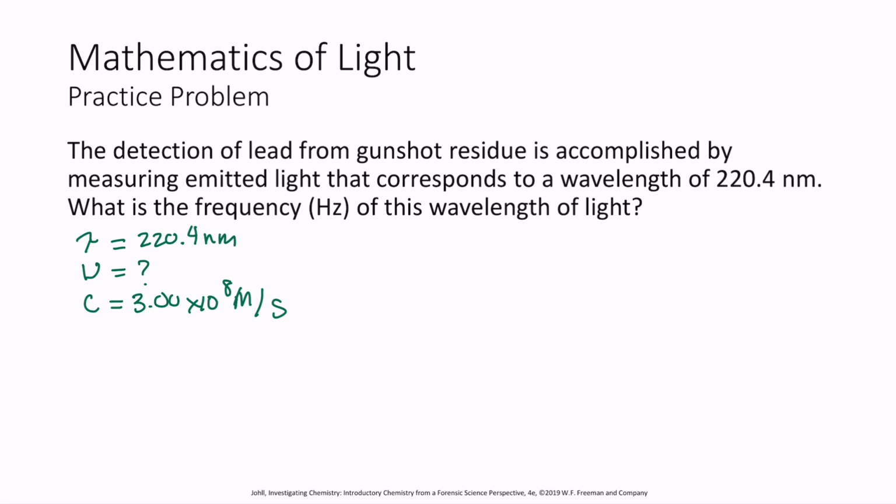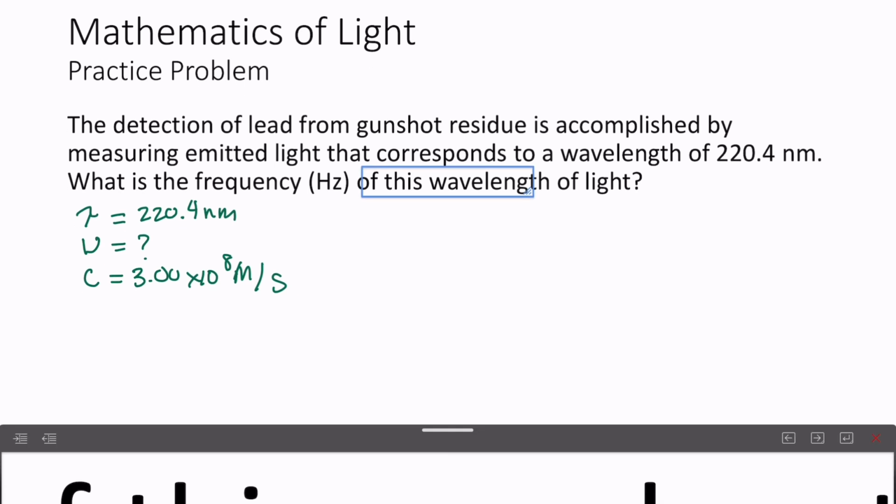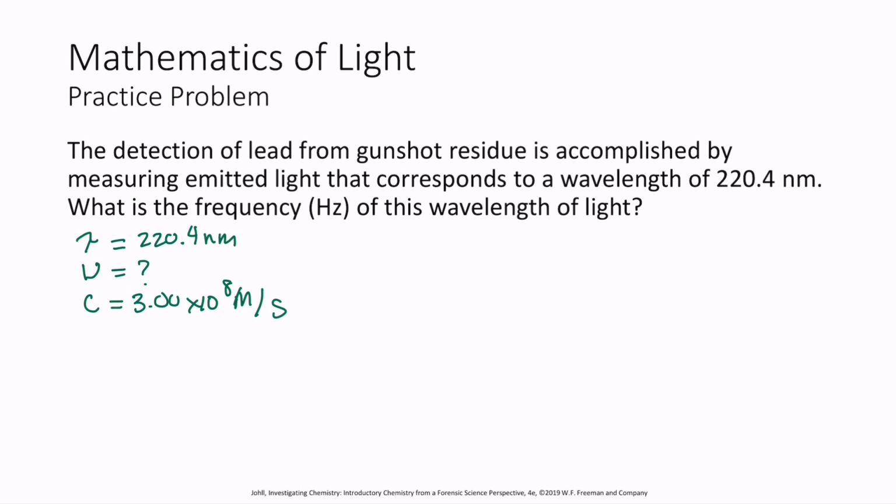So one of the first things I notice is I can use the equation c is equal to lambda times nu. If I rearrange this to solve for nu, I'm going to get nu is equal to c over lambda.